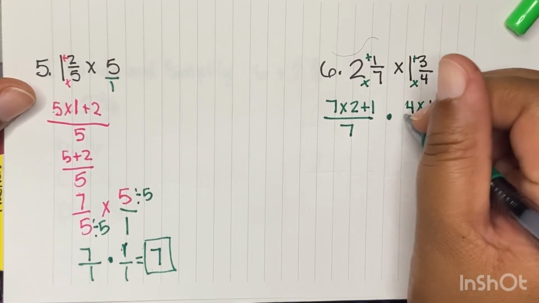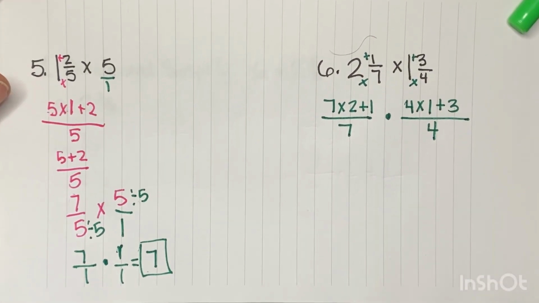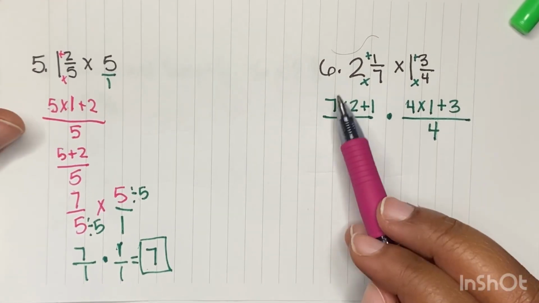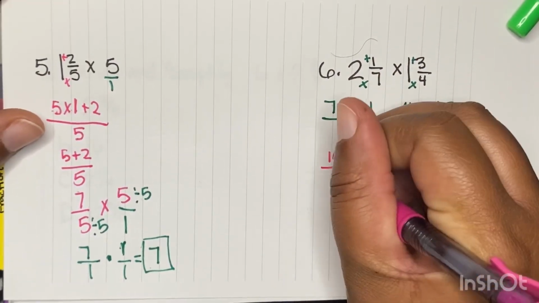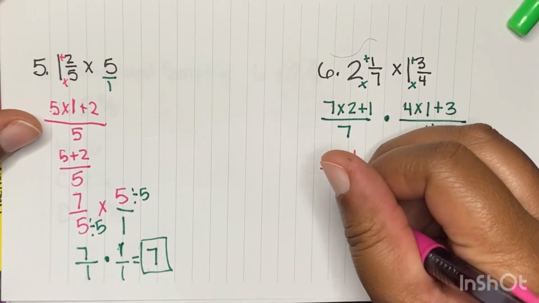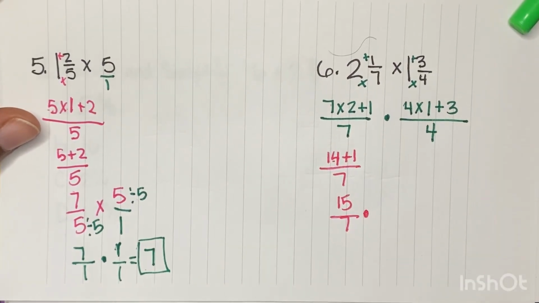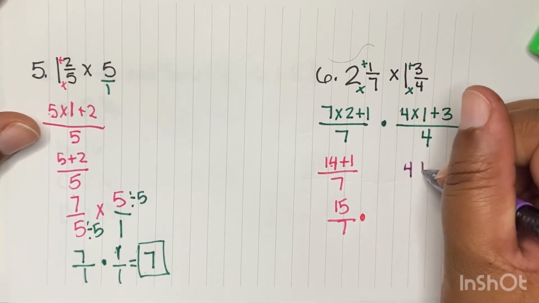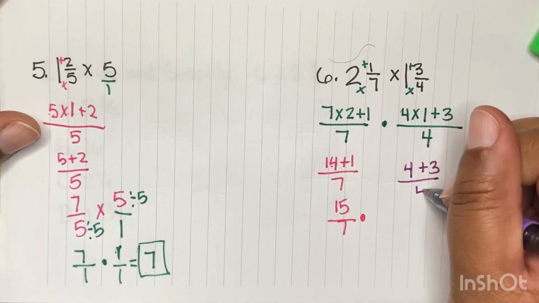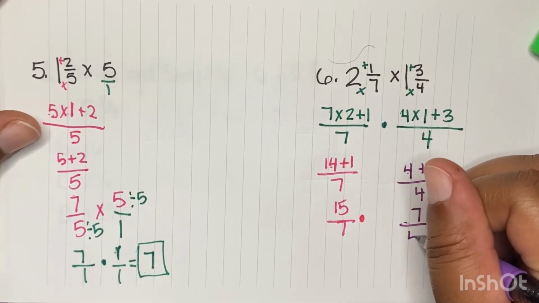Remember you add here, over what we're dividing by is 4. So now 7 times 2 gets us 14 plus 1 over 7. 14 plus 1 gets us 15 over 7. And we're going to times that by 4 times 1 gets us 4 plus 3 over 4. Well, 4 plus 3 gets us 7 over 4.